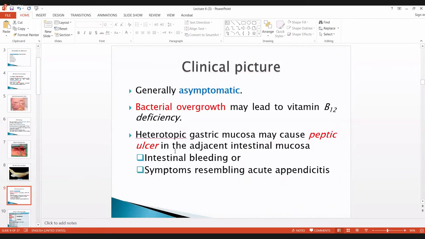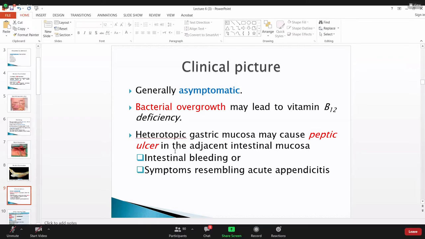Clinical picture: mostly it is asymptomatic. Sometimes it is discovered incidentally during investigation for any other reason. Bacterial overgrowth, because it's usually a blind-ended loop, so secretions and juices from the small intestine enter it and accumulate there, leading to bacterial overgrowth, and it might lead to vitamin B12 deficiency effects because, as we said, it is located in the terminal ileum most of the time.